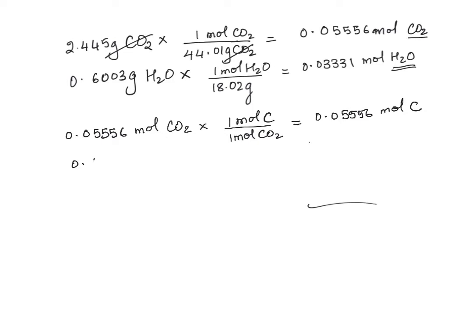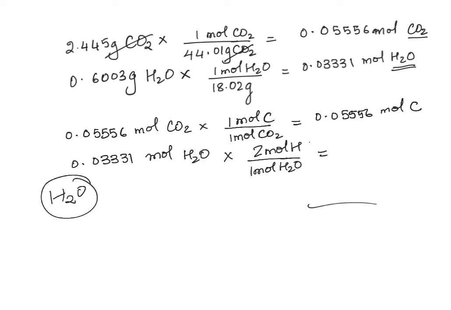Now 0.03331 moles of water, how many moles of hydrogen is it? Every 1 mole of water contains 2 moles of hydrogen atoms because it is H2O, right? So this will be 0.06662 moles of hydrogen.